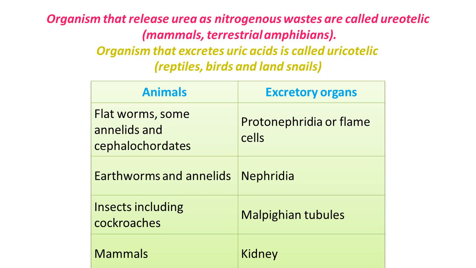Protonephridia or flame cells are the excretory structures in Platyhelminthes, flatworms like planaria, rotifers, some annelids, and cephalochordates. So these animals show this type of excretory organ in their body. They are helpful in the removal of excretory waste from their body.